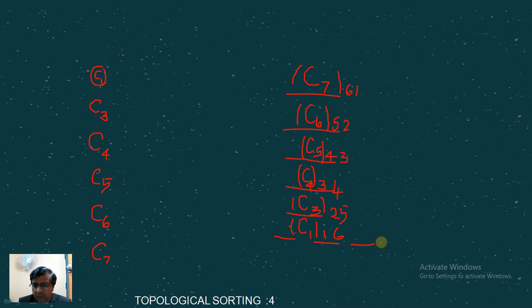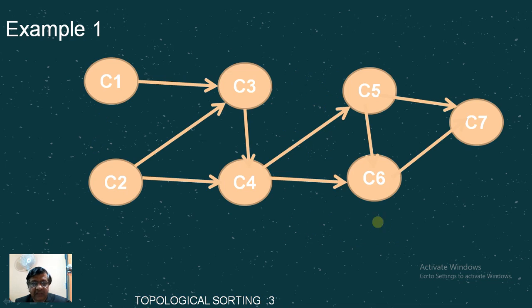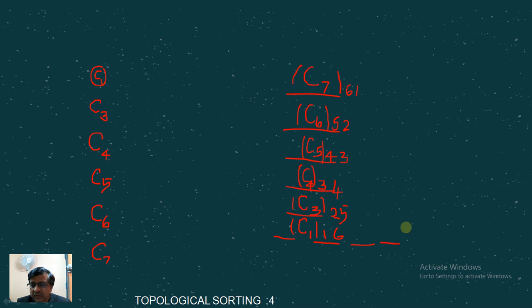But there remains one more vertex, that is C2. C2 will once again be introduced to the stack as the seventh candidate, not eighth, sorry. Once again it becomes a dead end, and it is the one which is removed.